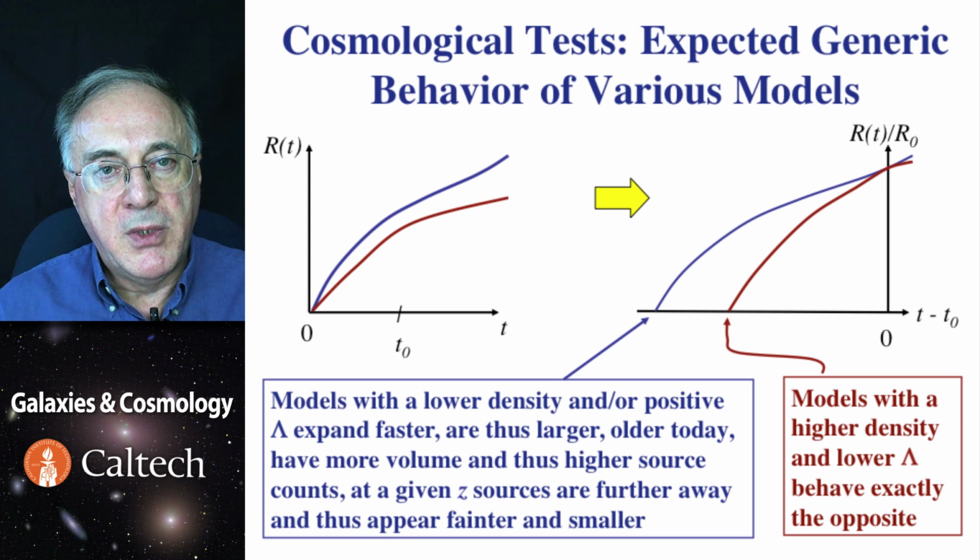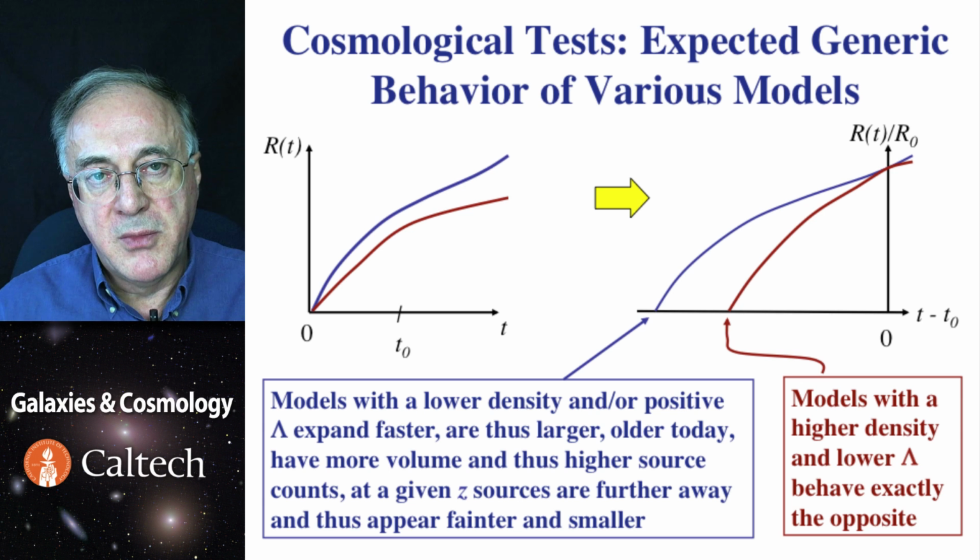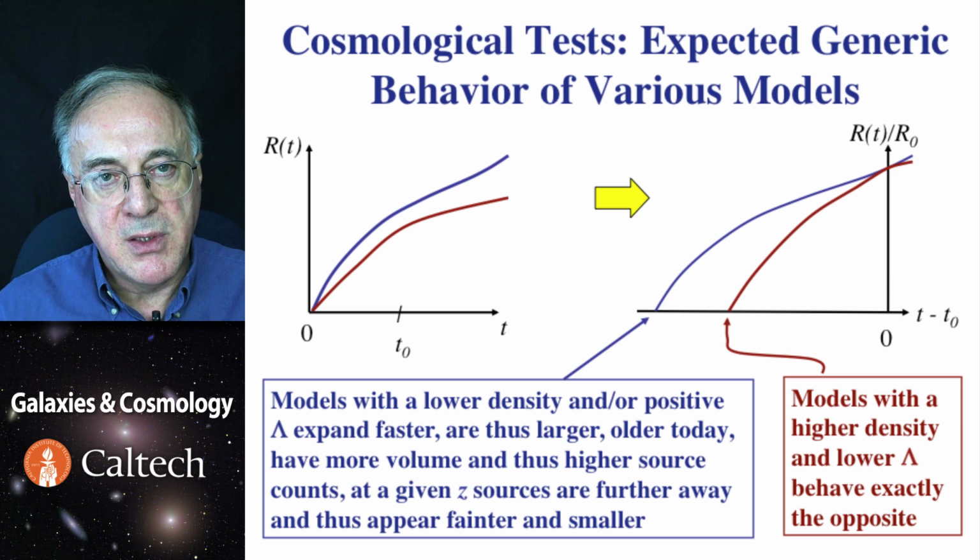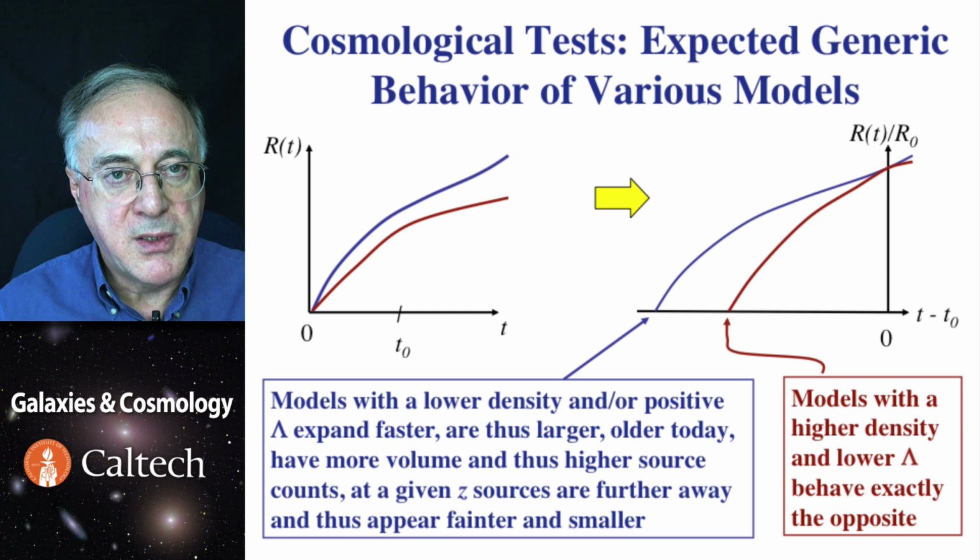Cosmological models with high densities and or zero cosmological constant will tend to have smaller distances, smaller look-back times, and smaller volume than models with lower densities and positive cosmological constant. Thus, if you pinch these curves at the same value of Hubble constant, which is the same slope, and see where the intercepts are on the time axis, the lower density or positive cosmological constant models will tend to be larger and of longer duration.